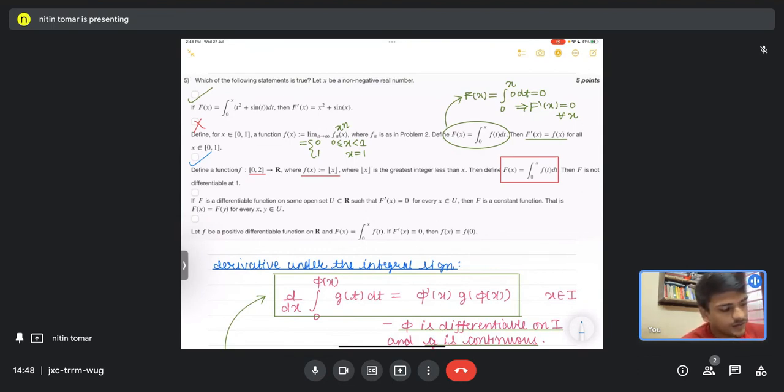Now it is given that on some open set U, f prime x is 0. Then does this mean F is a constant function? Which means the derivative is 0, then it is a constant function. It is true unless, of course, you have to start with a connected open set also.